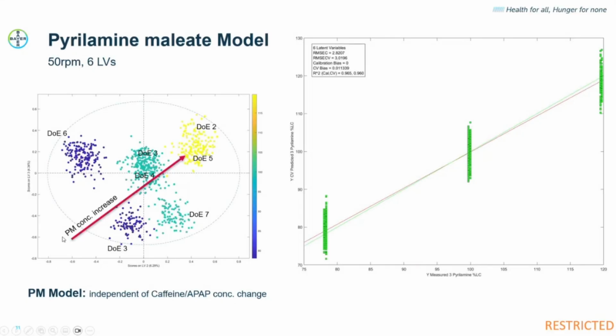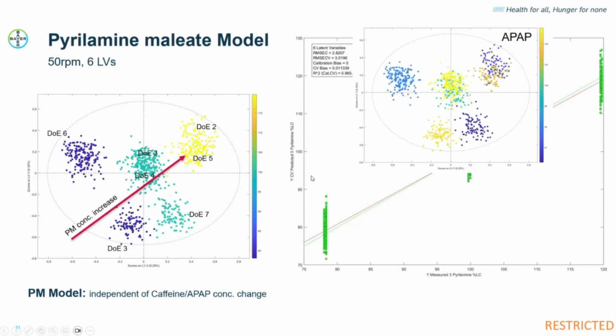And what's most interesting is that our pyrilamine maleate model, despite the fact that there's so much APAP in that formulation and also a lot of caffeine, is more or less entirely independent of caffeine and APAP concentration change. So this is the direction of the pyrilamine concentration increase, and that is scores on latent variable 2 and scores on latent variable 3.